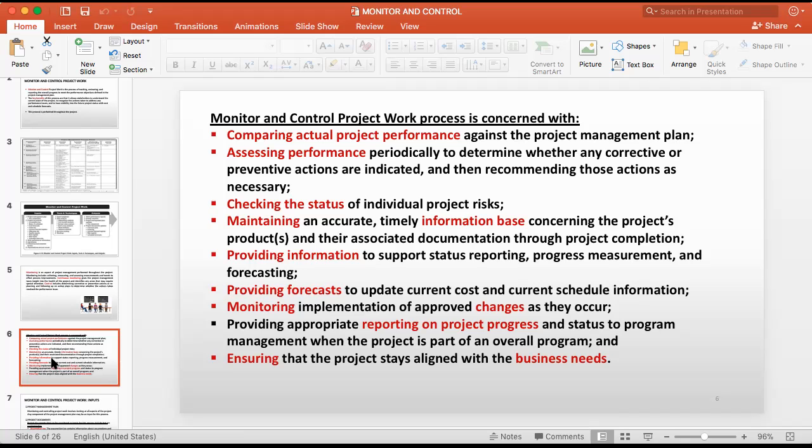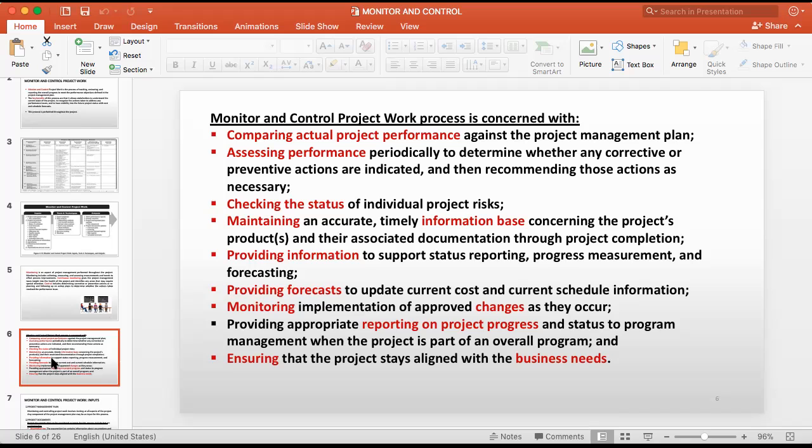Then maintaining an accurate, timely information base concerning the project's products and their associated documentation through project completion. So you need to have that. You have to maintain your documents. Your documentation is very important. You should have an information base when you are developing products. In projects, you get the objectives, you get the outputs.